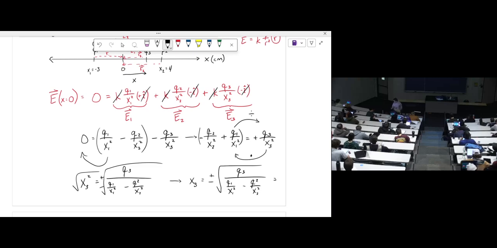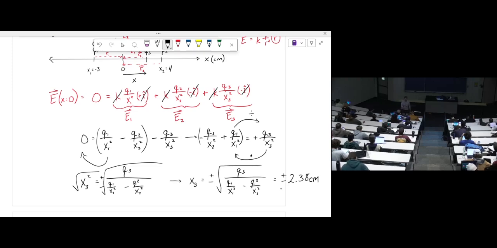And it turns out that what you get for this last answer is plus or minus 2.38 centimeters after you plug in all the values that are given to us in the problem.